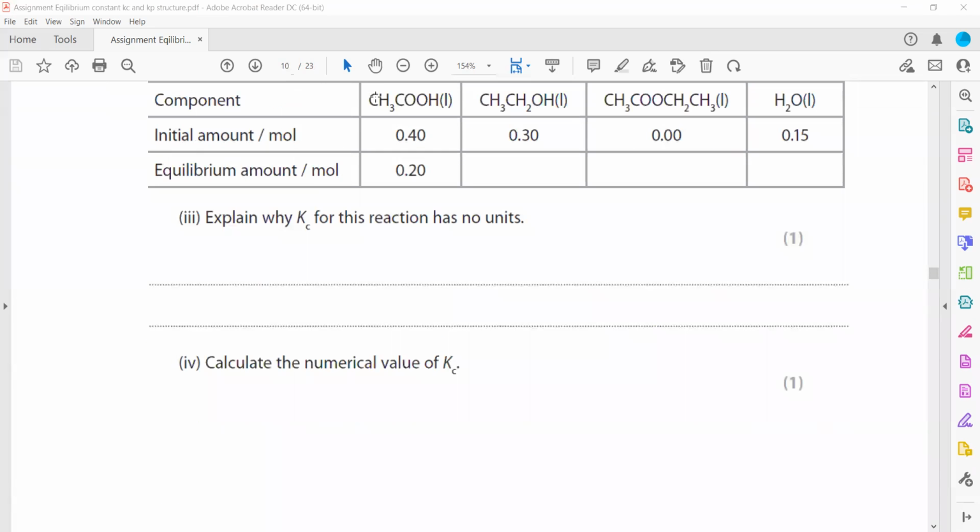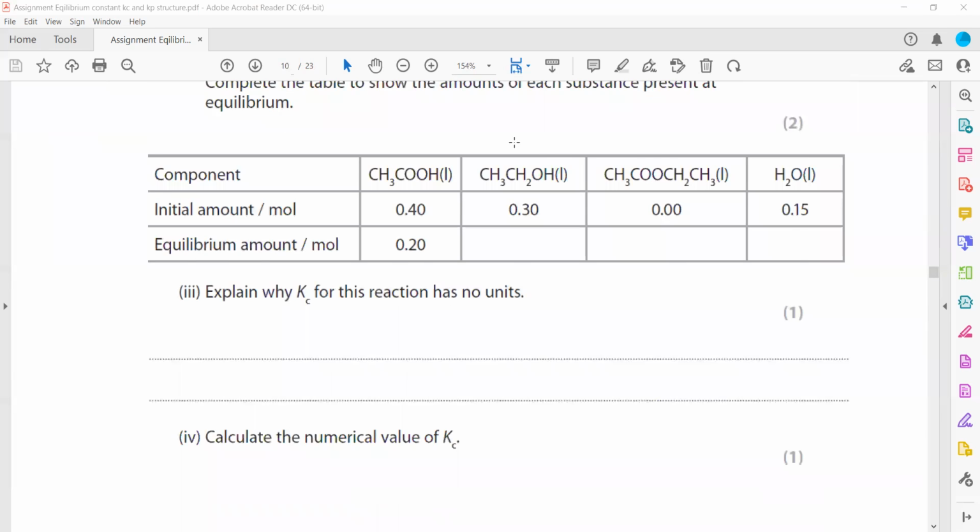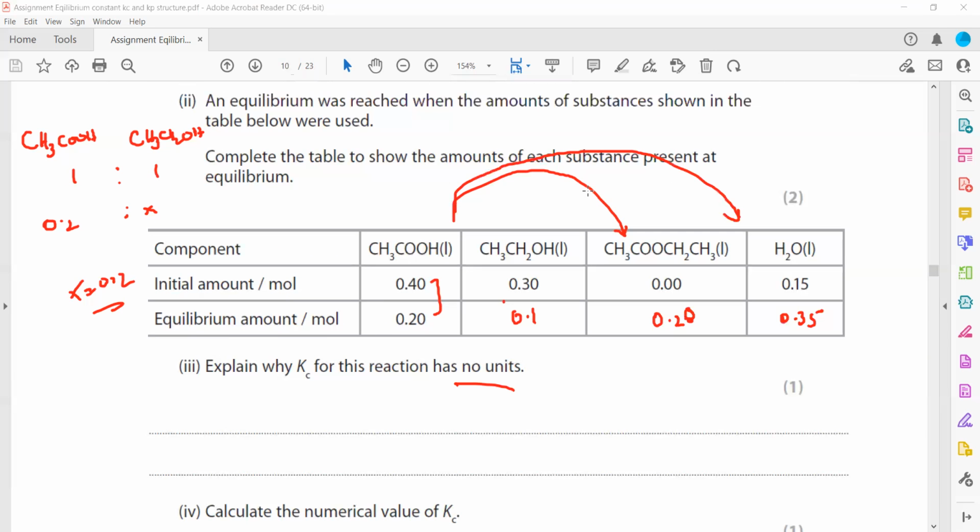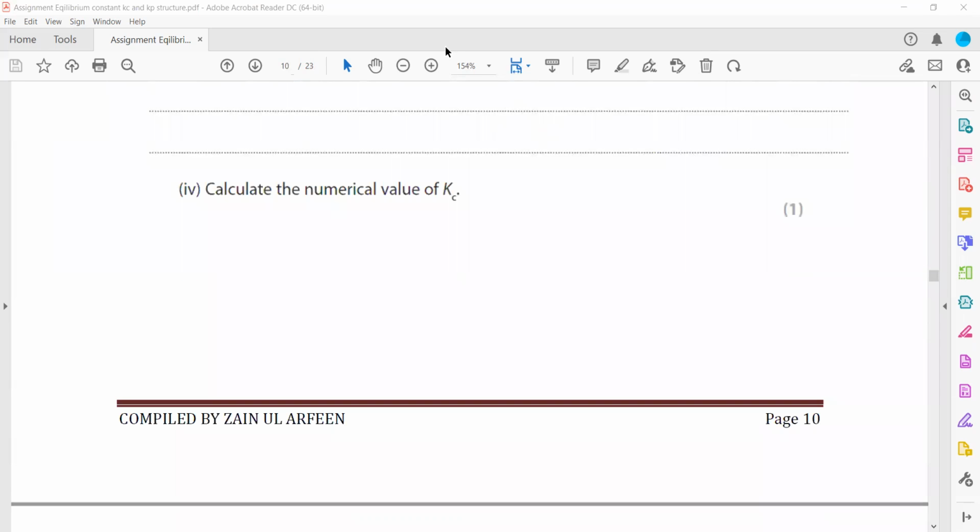Then state the numerical value of Kc. After getting the answers 0.2, 0.1, 0.2, 0.35, Kc will be the product divided by reactant. We substitute the concentration: these are the moles, but concentration will be 0.20 divided by volume, then 0.35 divided by volume, that is the product.